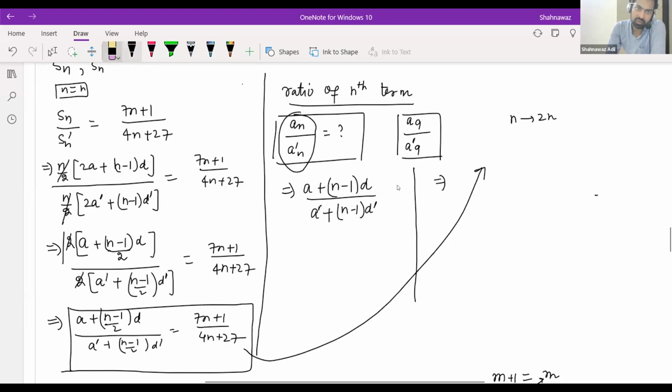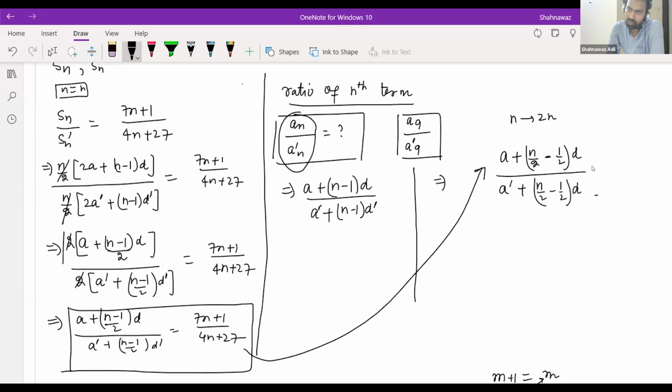Shreyash got disconnected? Okay, so let us write it this way: (a plus (n by 2 minus 1 by 2) into d), and again (a prime plus (n by 2 minus 1 by 2) into d prime). So this is (7n plus 1) by (4n plus 27).